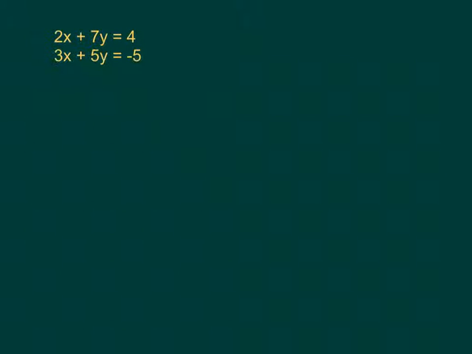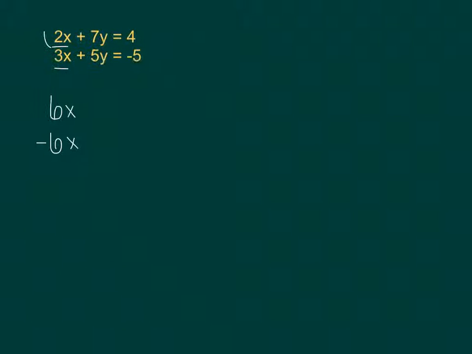So first you're going to pick a variable. Do you want the x's or the y's to cancel? Well, I'm going to work with the x's. And since 2 and 3 both have a multiple of 6, I want the first equation to start with 6x and my second equation to start with negative 6x, so that when we add them together, they cancel.